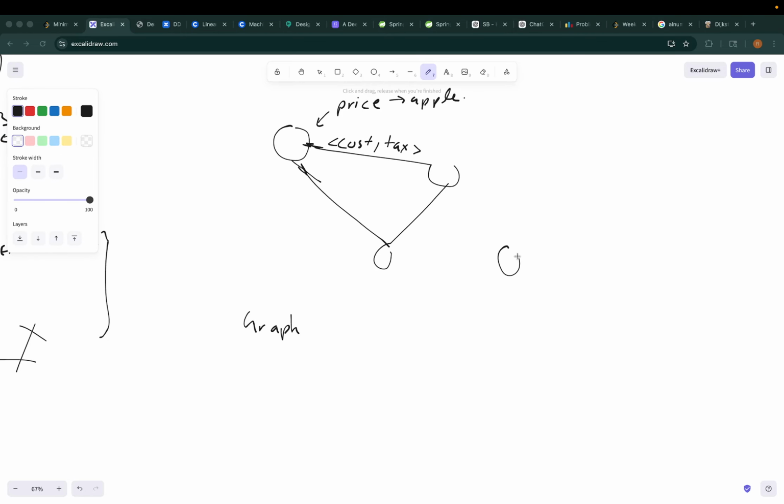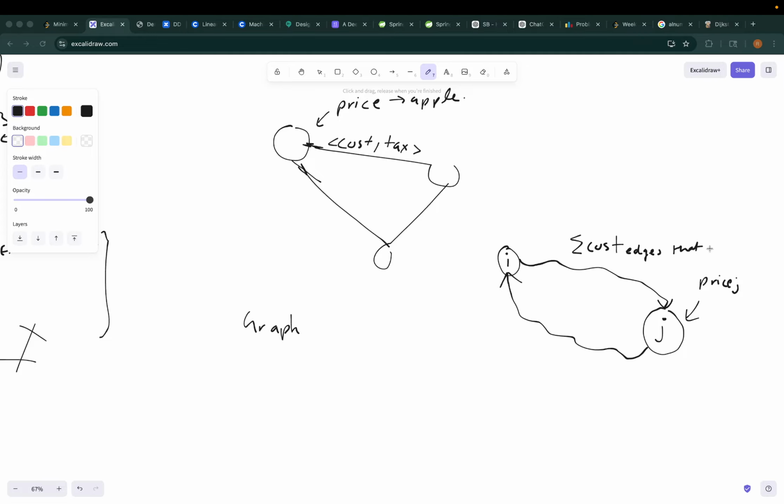So for each node I, you have to start from node I and go to any node j. Then you buy the apple at j for the price of j, and with those apples you have to go back to I. Since you're traveling without apples from I to j, it would simply be the sum of the cost of the edges that we choose to reach j, right?